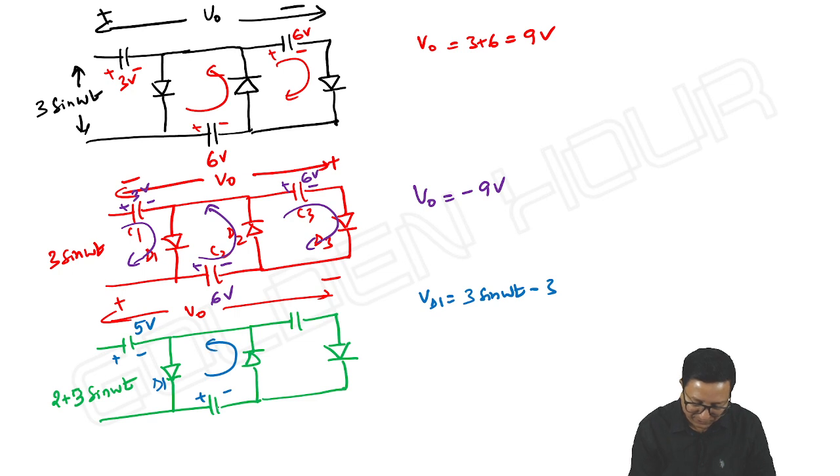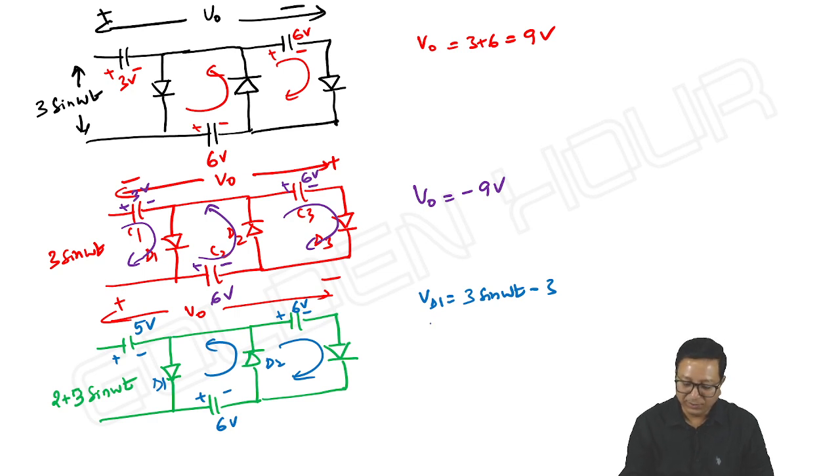If the diode is on, current will be going like this, and it will charge up to 6 volts. And next VD2 is equal to Vm sin omega t, or 3 sin omega t plus 3. So this capacitor will charge up to 6 volts only. So VD1, VD2 values do not change, but overall output is equal to 5 plus 6, 11 volts.